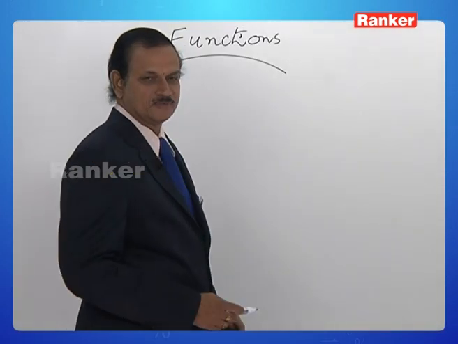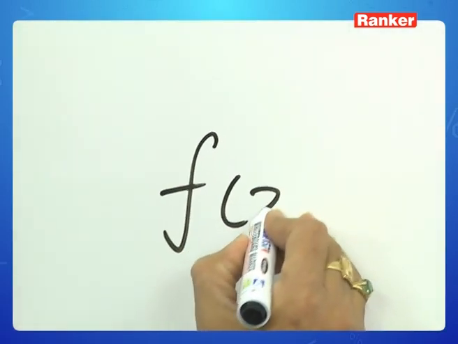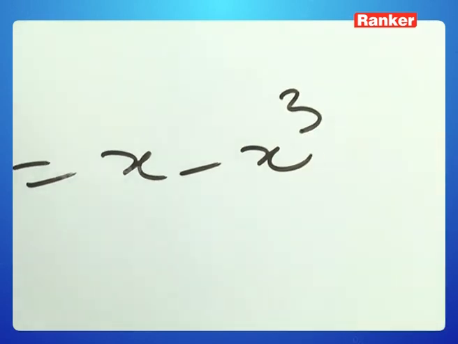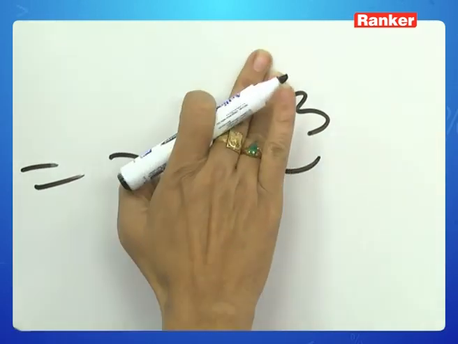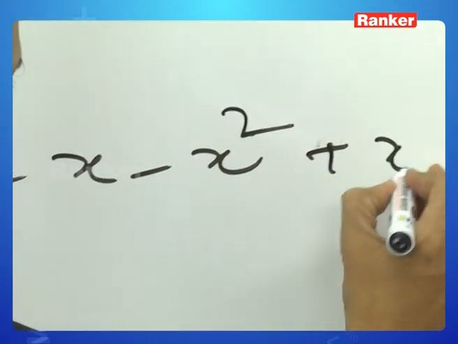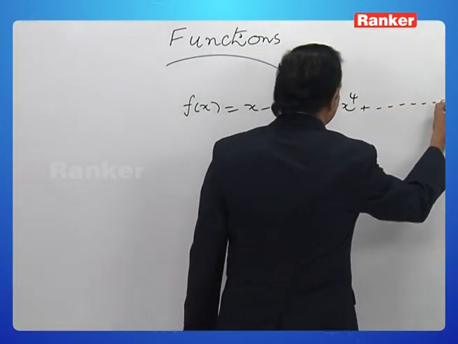Let us first observe what f of x is. f of x is equal to x minus x square plus x cube minus x power 4 plus etc up to infinity.